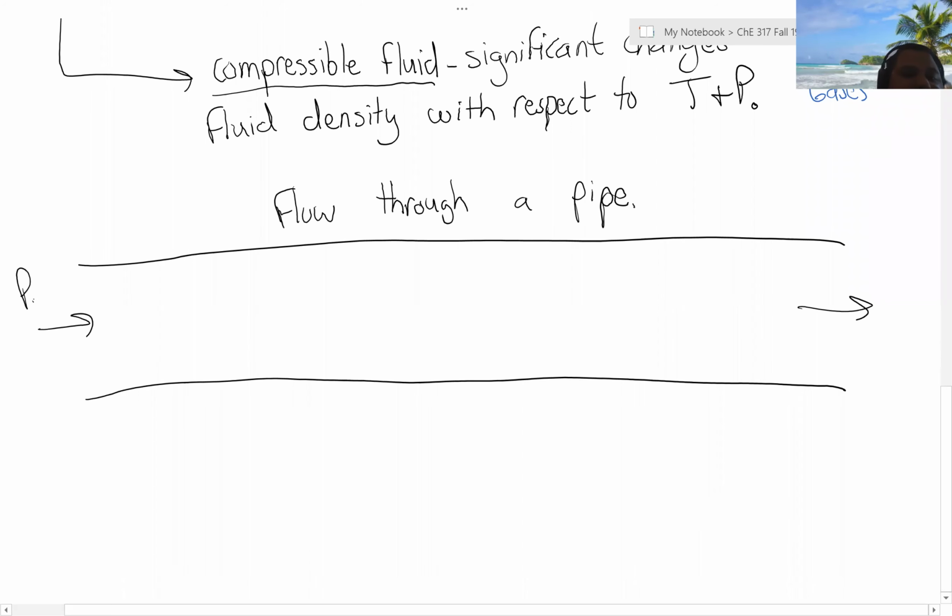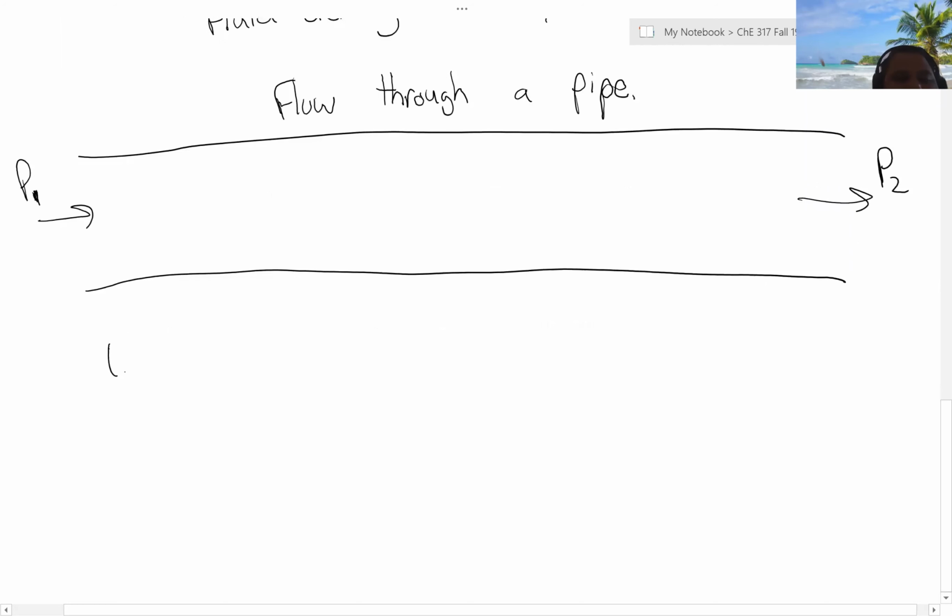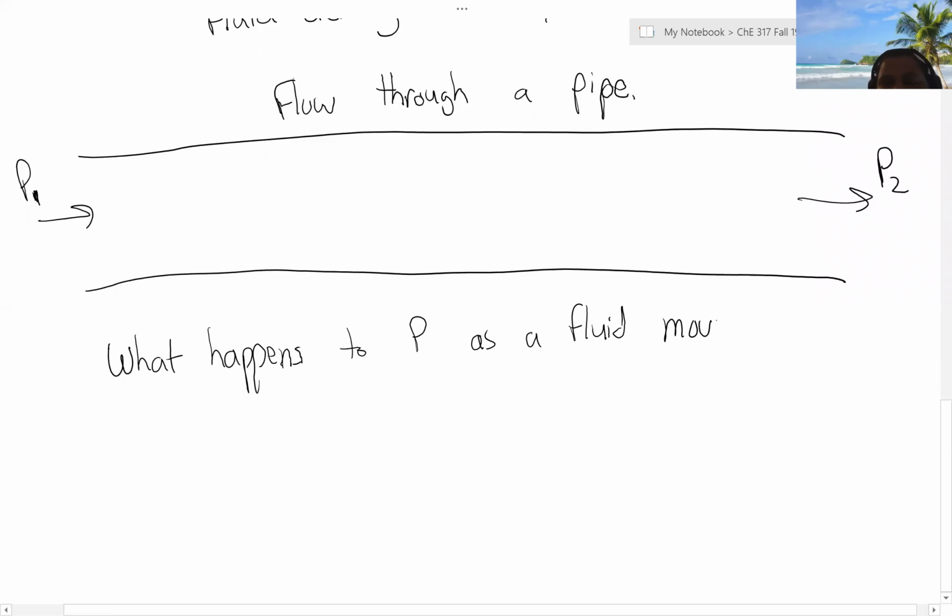And let's say I have some pressure, P1, on the left, and some pressure, P2, on the right as it leaves this pipe. And my question is, what happens to these pressures as a fluid moves through the pipe?